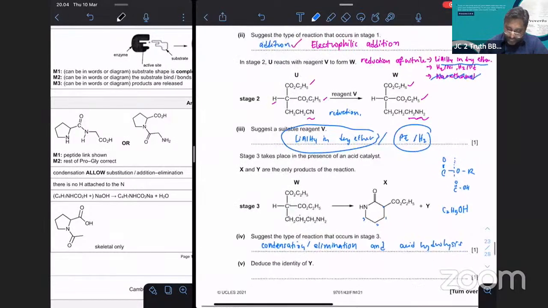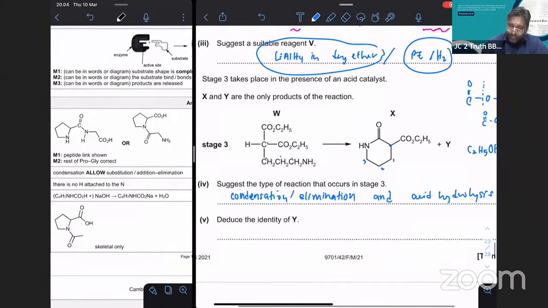So this is stage number 3, acid catalyst. Let's see what is happening. When I see here, suddenly something is reacting and suddenly you have a cyclic structure. When I see a cyclic structure, this one remains unchanged, so I know that something happened.